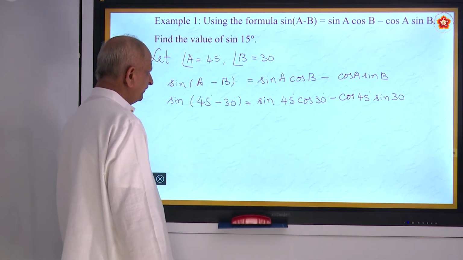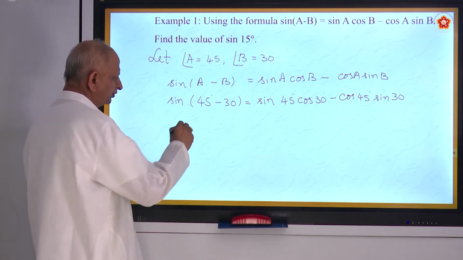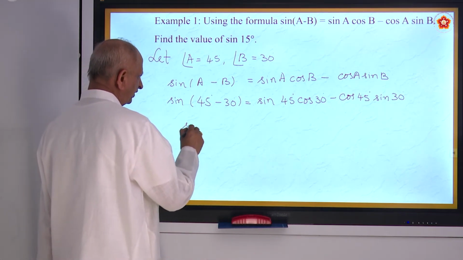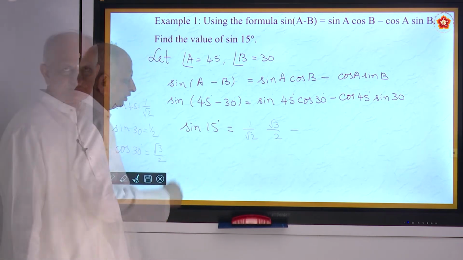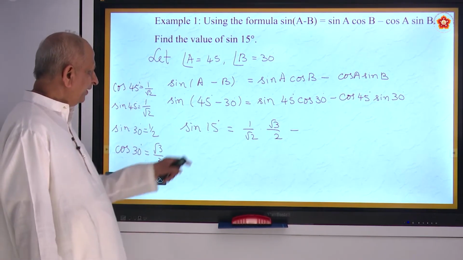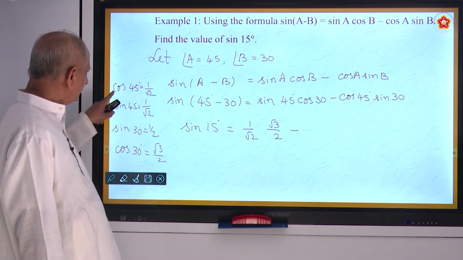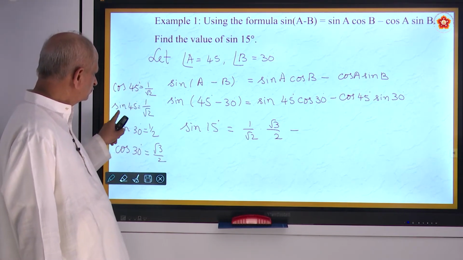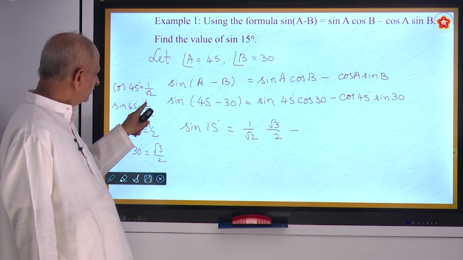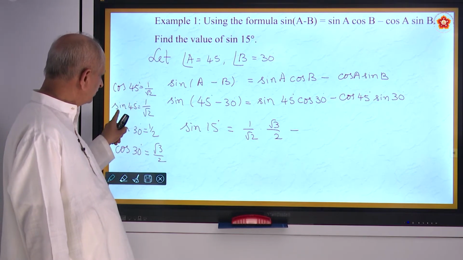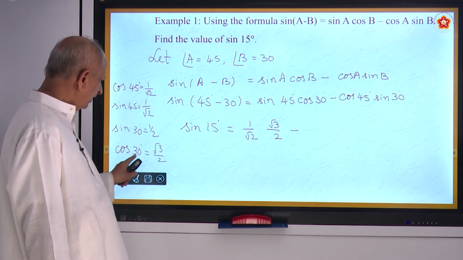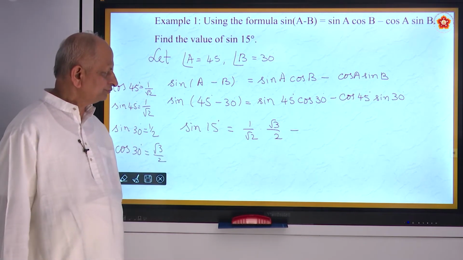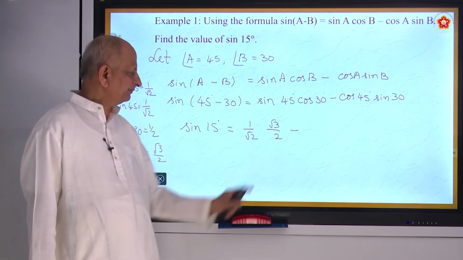So you are getting sine of 15. Applying it here, we know that sine 45 is 1 by root 2, cos 45 is 1 by root 2, sine 30 is half, cos 30 is root 3 by 2. You just apply it here.